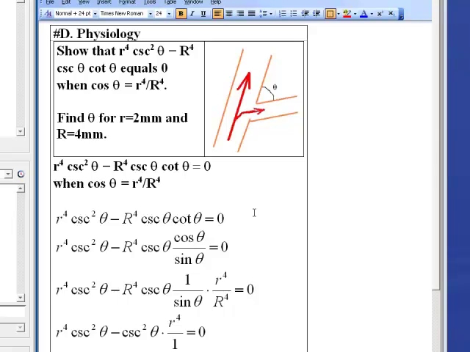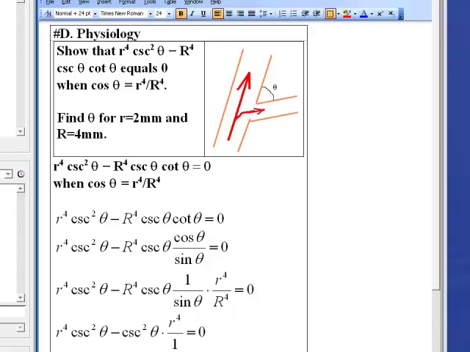Then we're supposed to plug in some numbers. It says find the angle theta when we plug in the radius 2 millimeters and radius 4 millimeters. And I'm just going to use this one here, where I plug in 2 millimeters right there and 4 millimeters right there.